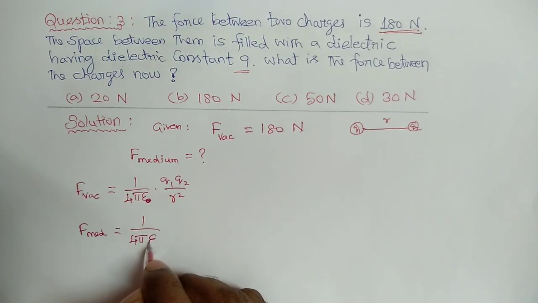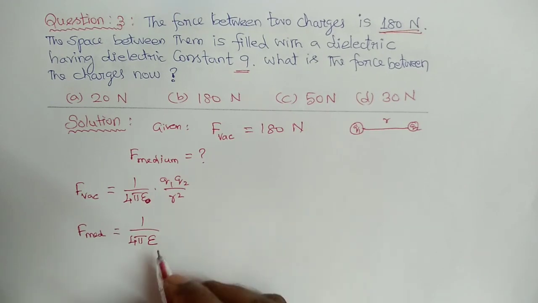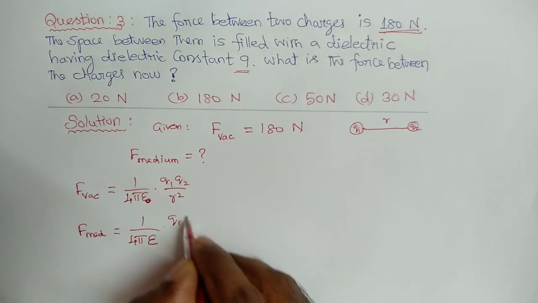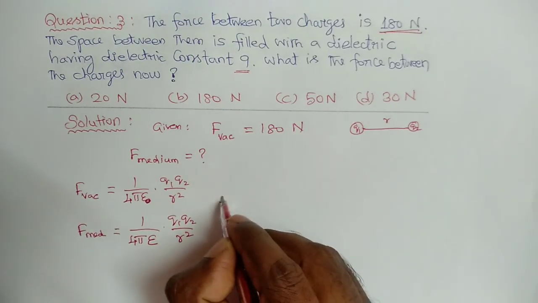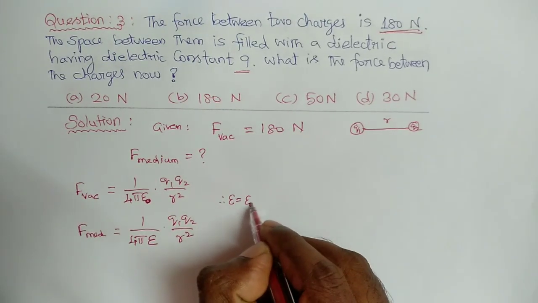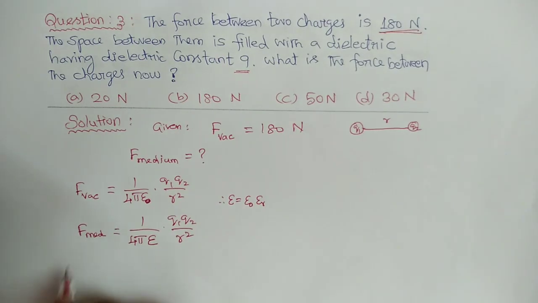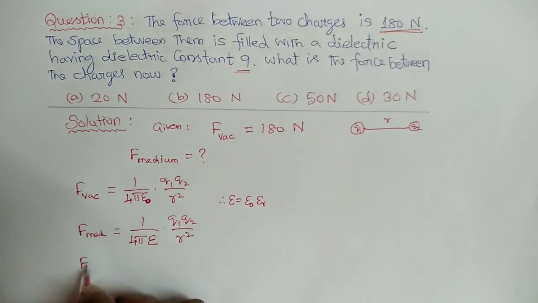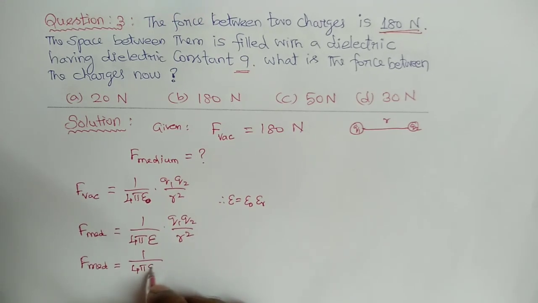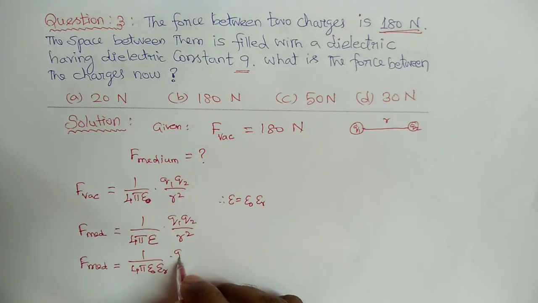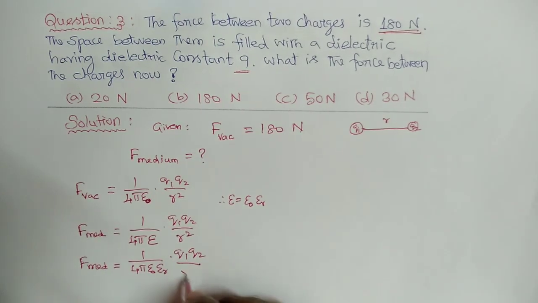So now we will use the permittivity of the medium. So Q1 Q2 by r square. So we know that epsilon is equal to epsilon naught epsilon r. So F medium is equal to 1 by 4 pi epsilon naught epsilon r into Q1 Q2 by r square.